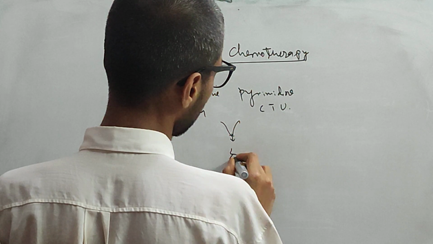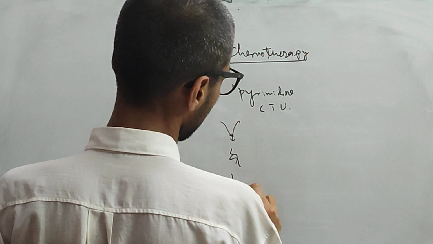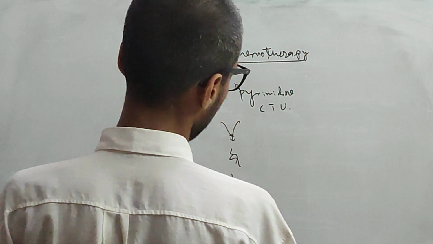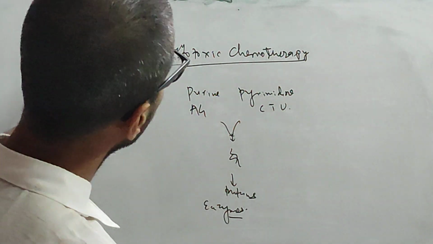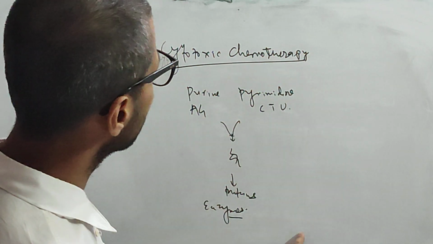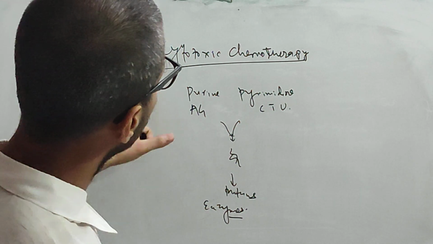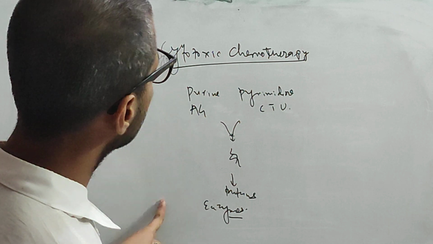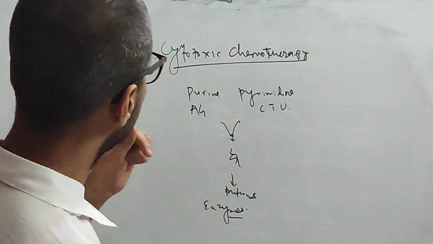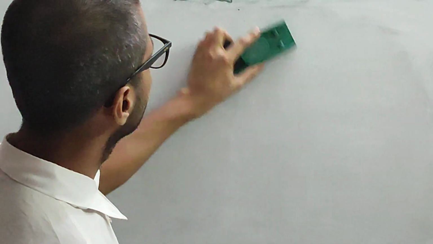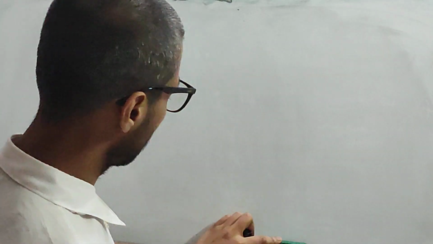DNA synthesizes proteins, different types of proteins like enzymes. So this chemotherapy targets a variety of steps in cancer cell proliferation, or not only cancer cells but other cells as well, like bone marrow cells, GI tract epithelial cells, skin cells. That's why it is called non-specific, not specifically directed to cancer.